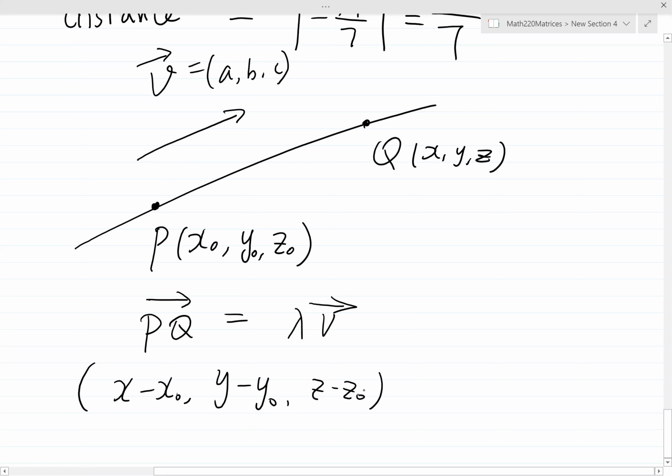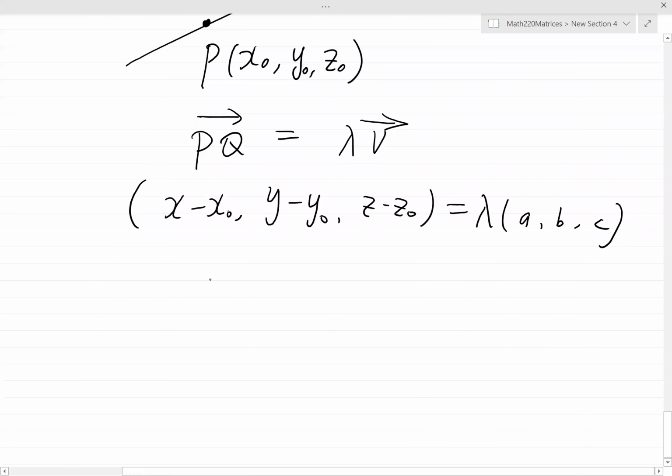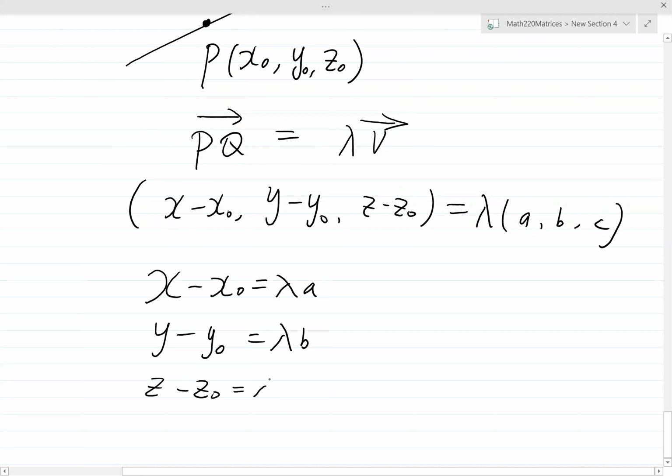It's possible that we have a 4-dimensional space or any many-dimensional space. This is lambda v, lambda times a, b, c. Component-wise, x minus x0 equals lambda a, y minus y0 equals lambda b, z minus z0 equals lambda c.